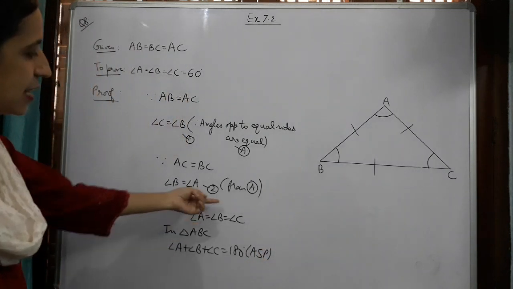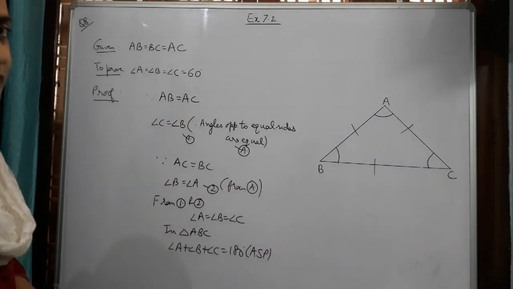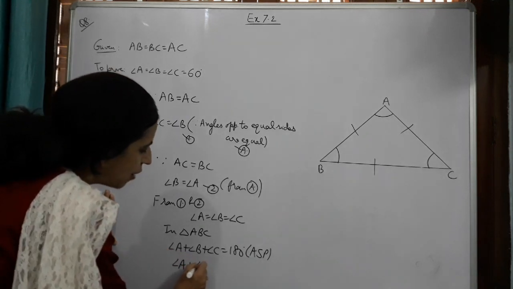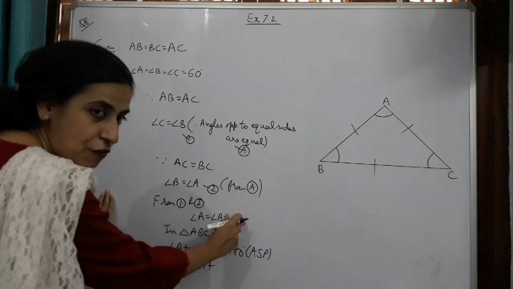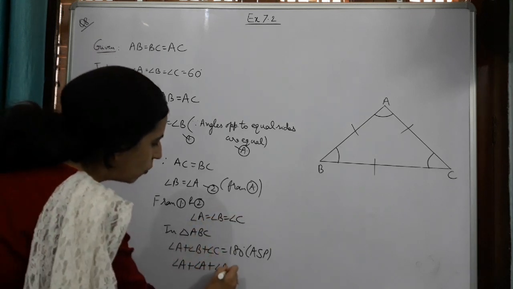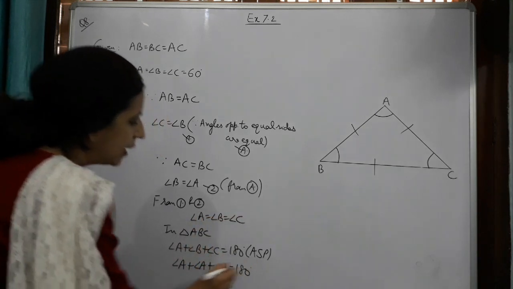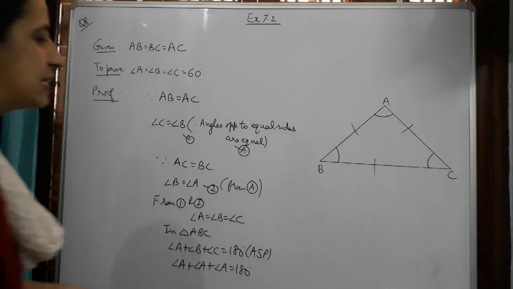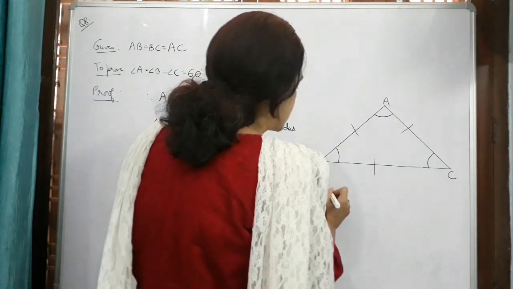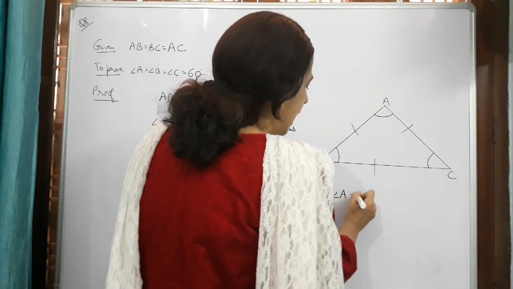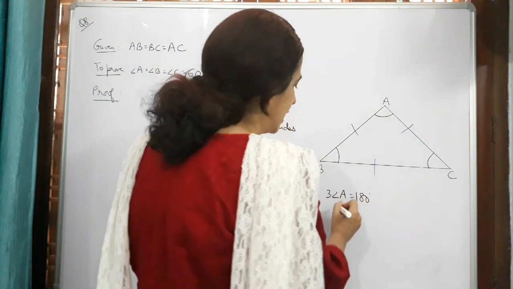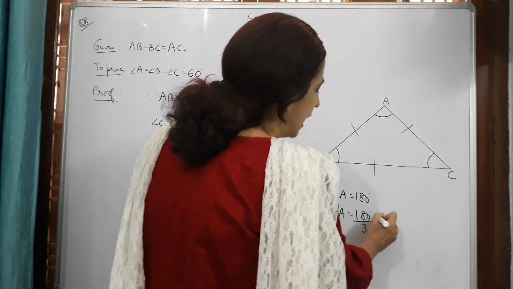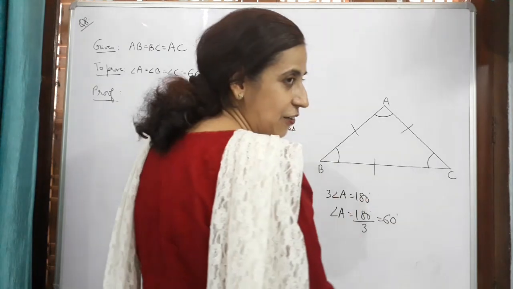But angle A is equal to angle B is equal to angle C. So in place of angle B, we can write down angle A. In place of angle C also we can write down angle A. So angle A plus angle A plus angle A is equal to 180 degrees. This gives us thrice of angle A is of measure 180 degrees. So angle A comes out to be 180 upon 3, that is 60 degrees.